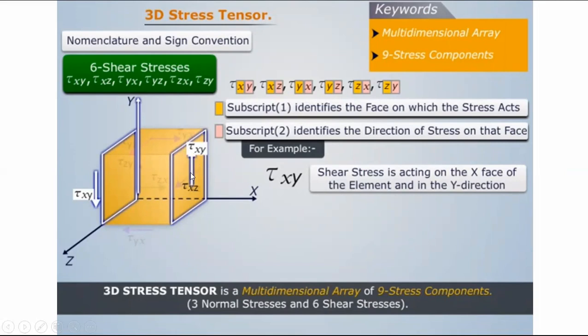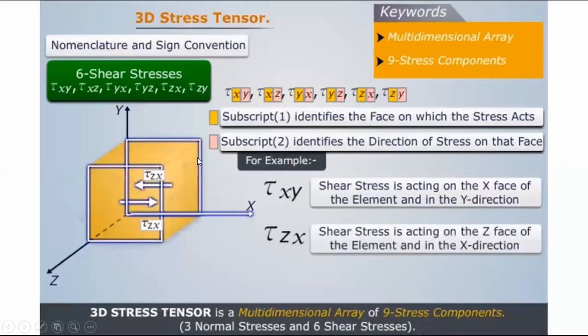Here you can see the first subscript identifies the face on which the stress is acting, and the second subscript indicates the direction of stress. Here, the second subscript is y. That means this tau is acting in the y direction, this direction. Okay. Similarly, tau zx and tau yz will be explained.